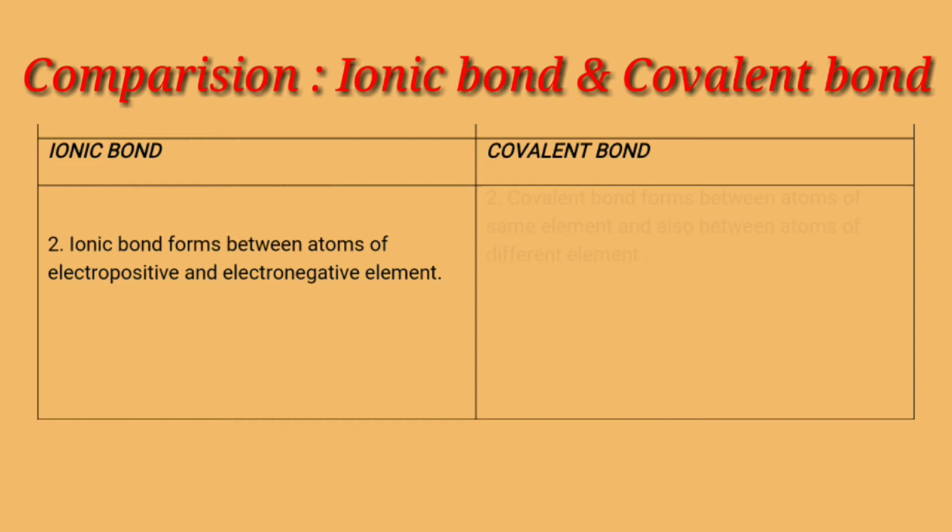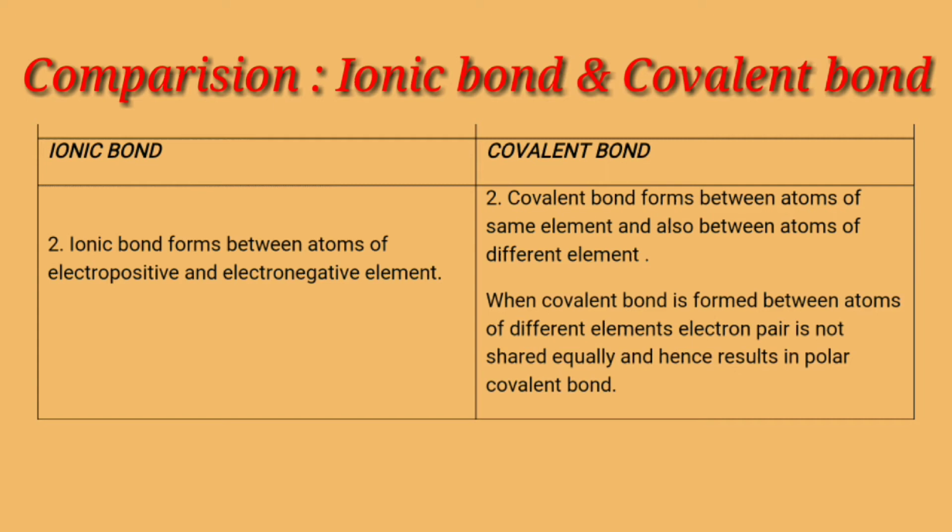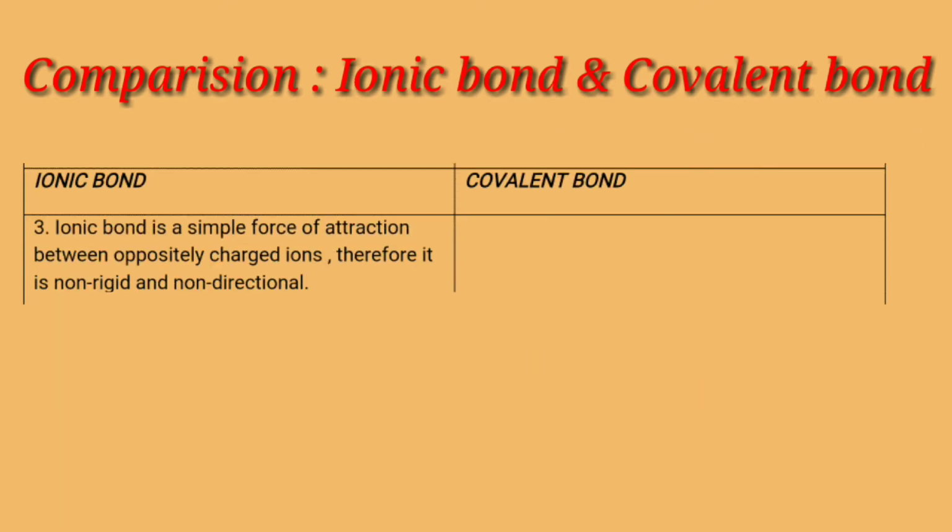On the other hand, covalent bond forms between atoms of the same element and also between atoms of different elements. When the covalent bond is formed between atoms of different elements, the electron pair is not shared equally and hence results in polar covalent bond.